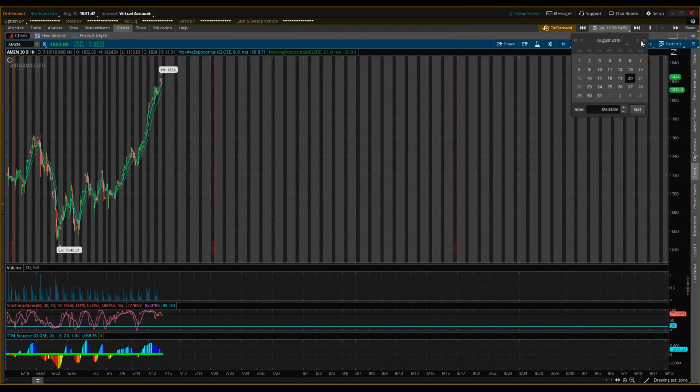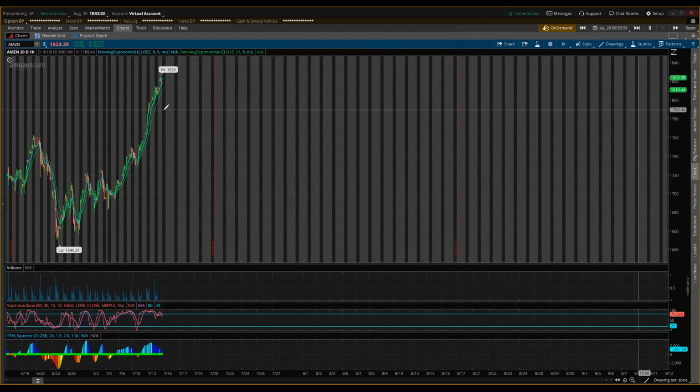I thought it was 1900. It might be different for each stock. I'm not too sure, but that's a good amount of time. So you can go back to any date on any stock and trade it however you want.